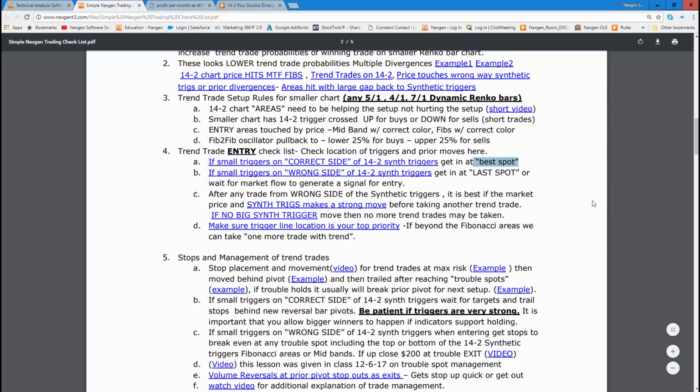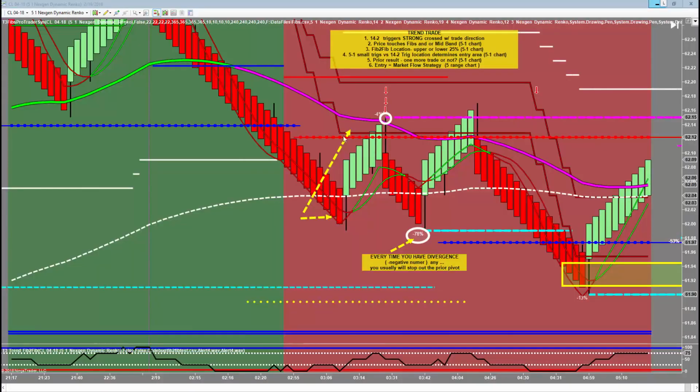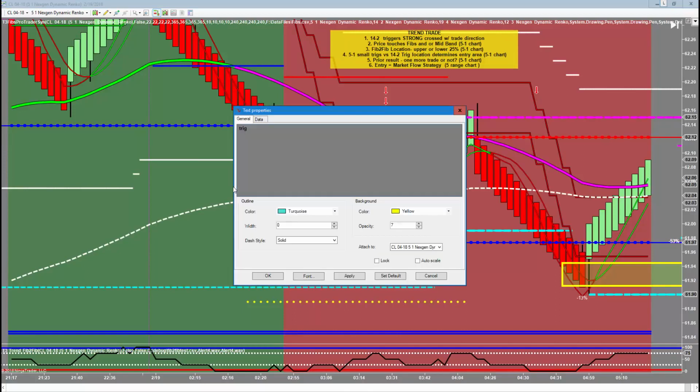Does everybody understand that thought process? So it's up to us to determine where the best spot is. So we have to look at our charts and say, okay, triggers are below, so we look for the lower, better spots to get in.